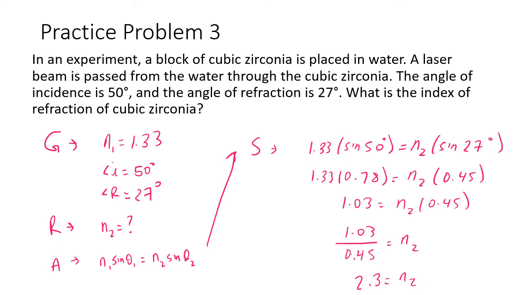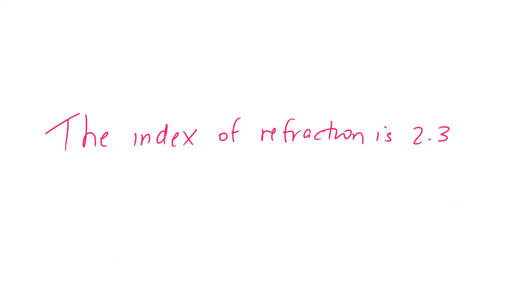When I multiply and rearrange this equation, I'm left with 1.03 divided by 0.45 equals the index of refraction. When you do that division, your final answer is 2.3. So the index of refraction of that piece of cubic zirconia is 2.3.